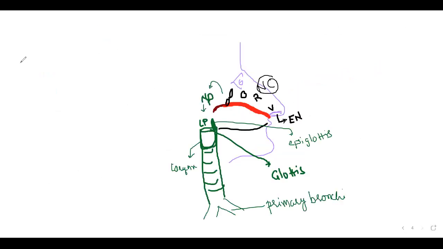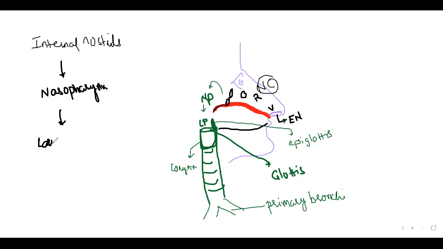Internal nostrils open into the nasopharynx, then the laryngopharynx, and then glottis and larynx.